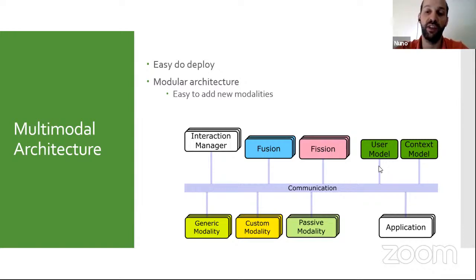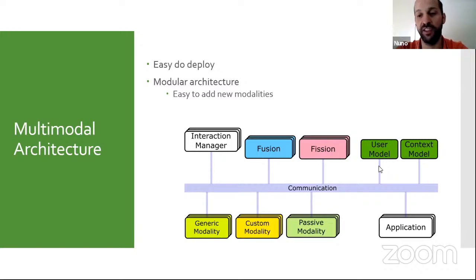And we also have the user model, which the user can configure. For instance, if the user needs the audio to be louder, the output modality will make the audio louder for that user. Okay. So if I'm a regular user that uses the system for a long time or regularly, then it will adapt to my habits. That's why the models are there.